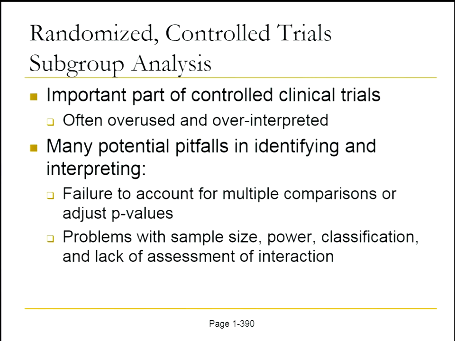So what are some potential pitfalls that happen with these kinds of studies? Well, one is, because by definition this is not the primary endpoint, we're going to be making more comparisons, multiple comparisons, and we need to adjust our alpha value or our p-value as a result of that.